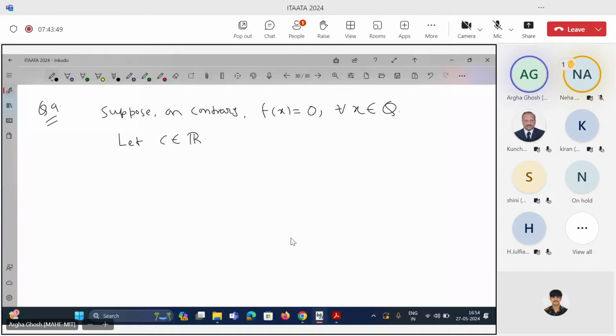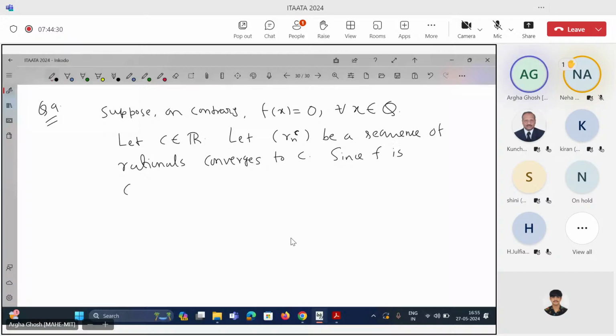There will always exist a sequence of rationals converging to C. So let Rn be a sequence of rationals converging to C. Since f is continuous at C, f of Rn converges to f of C.